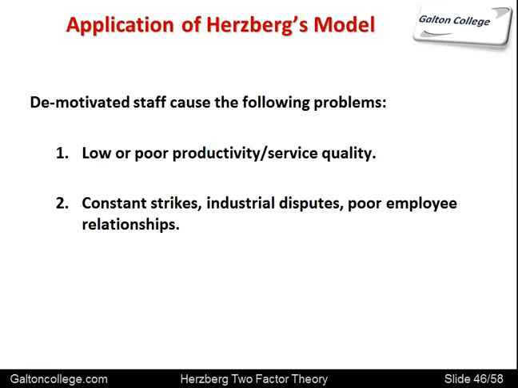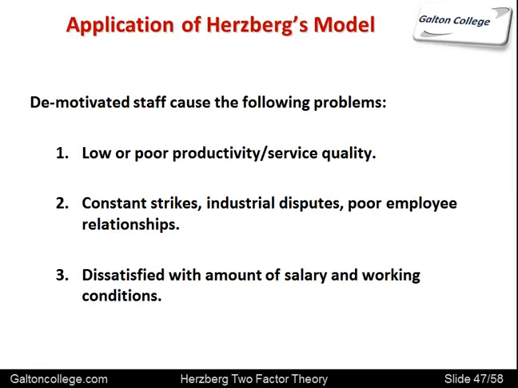The workers are unhappy. They don't want to be there really. They're frustrated, they're annoyed. They want the business to change and become a better place to work, but they can't see any way of doing it, so there's industrial issues. They're not happy about the amount of salary and the working conditions. So it's not a good situation.